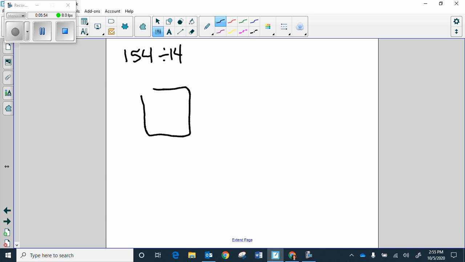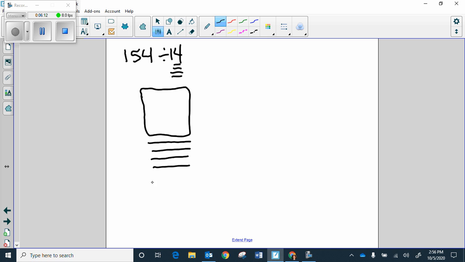A flat is 10 groups of 10, but my problem says I need to show this as groups of 14. So to show groups of 14, I'll lay 4 longs underneath the flat.